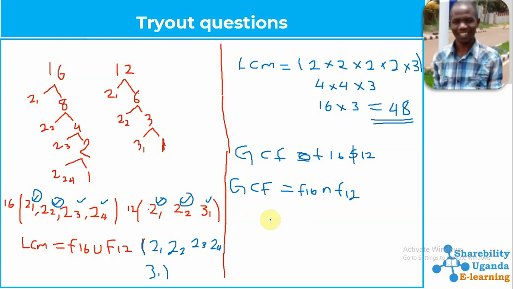So this appears on this side and also appears on that side, which makes it the intersection. So now this simply means that here we shall get our f, which is equal to our intersection, which is 2 1, then 2 2. Those appear in both of them.